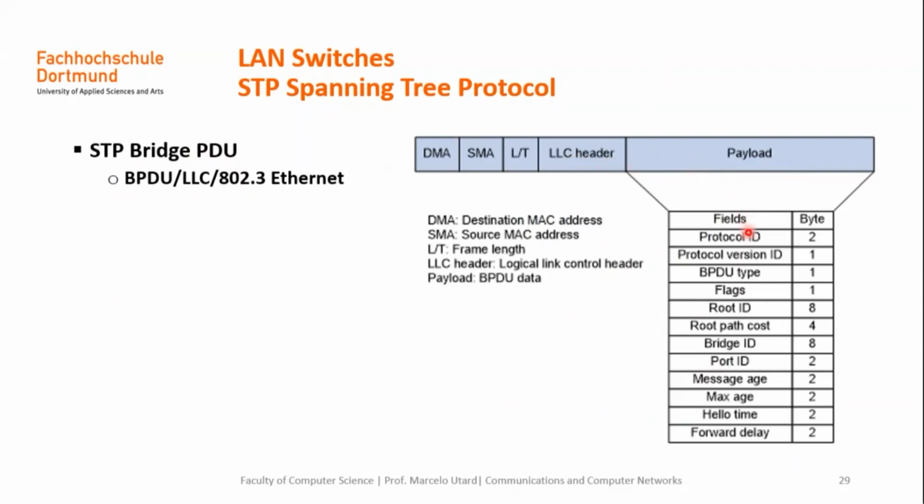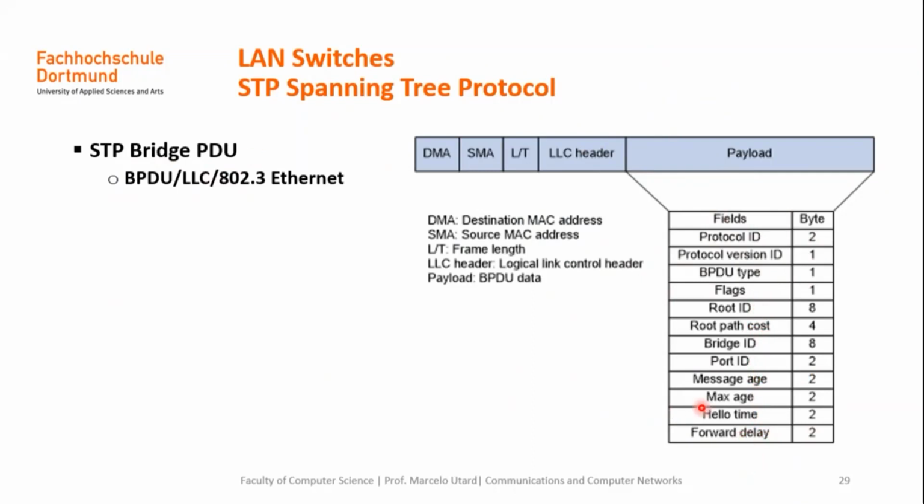Pay attention, there are different fields that are coded in the BPDU, for instance, protocol ID, protocol version ID, type, flags, root ID, root path cost, bridge ID, port ID, message age, max age, hello time, forward delay. It's a relatively complex protocol, but what you need to understand is the basic concept.